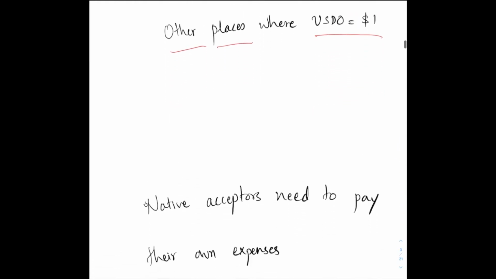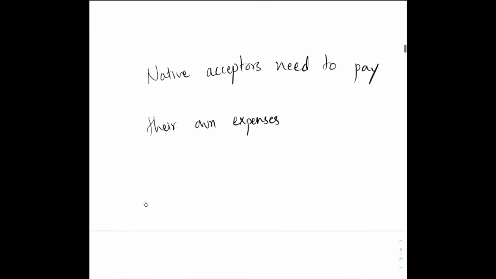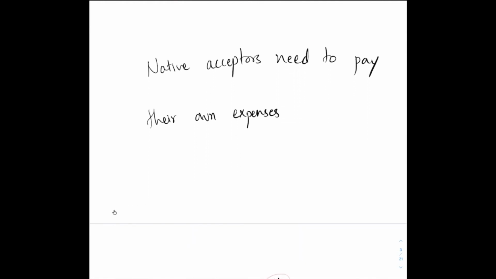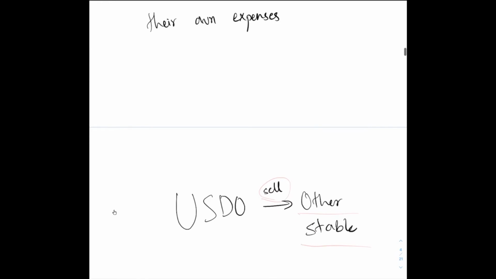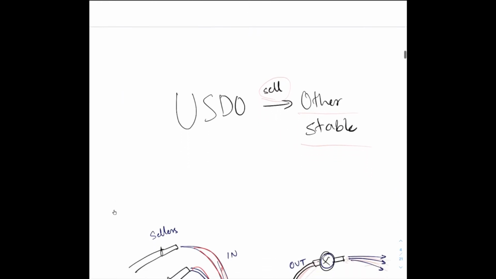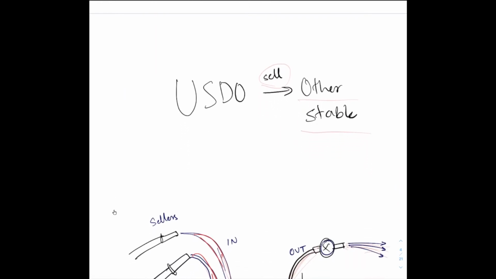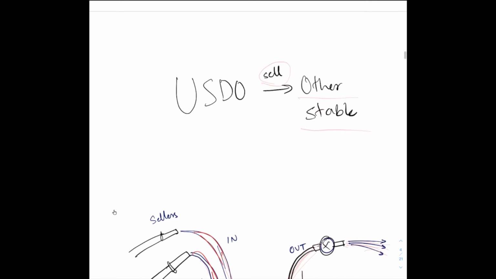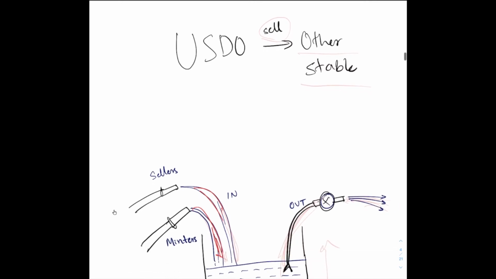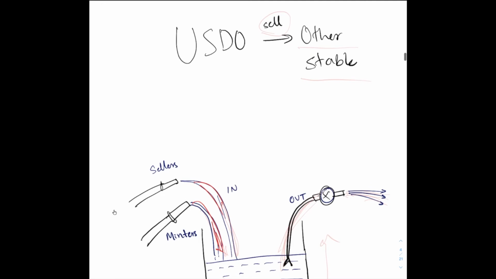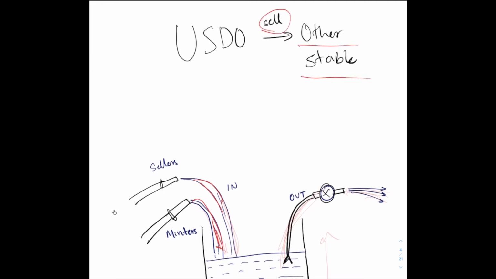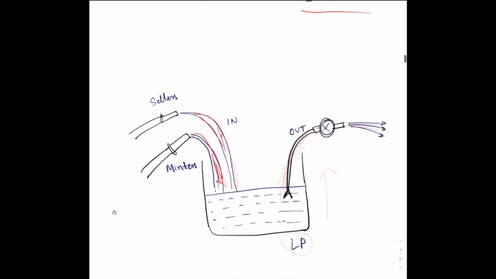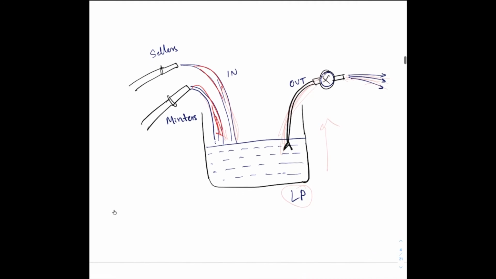Now the reality is, if somebody accepts USDO for $1, they need to pay for their own expenses, their own suppliers, their own salaries, etc. So even if they accept USDO, unless USDO is accepted by their suppliers and their upstream cost centers, they are going to need to sell USDO for the stable, which is always going to create a downward pressure on the price of USDO.